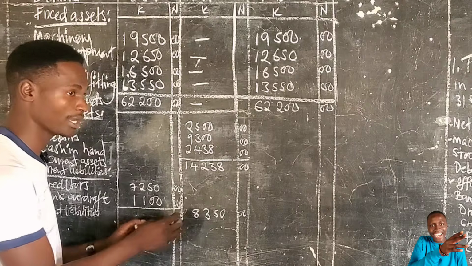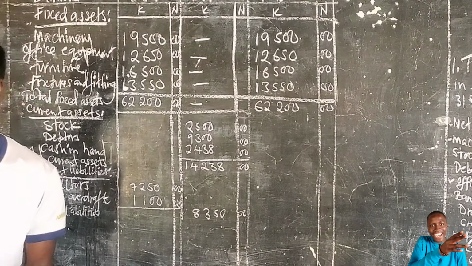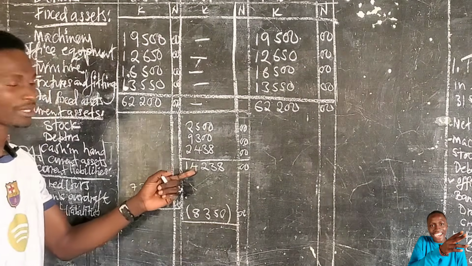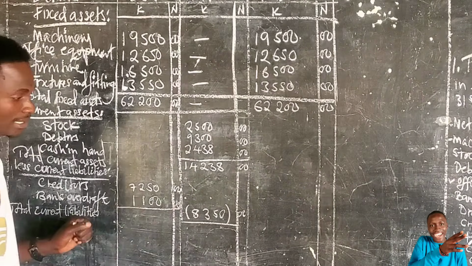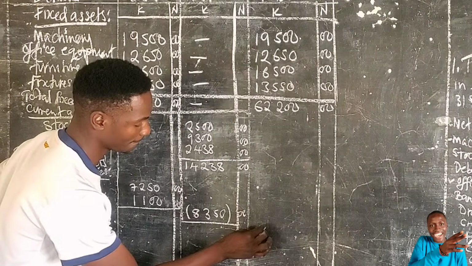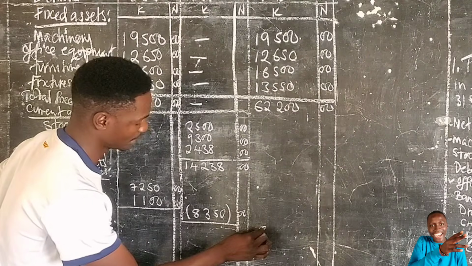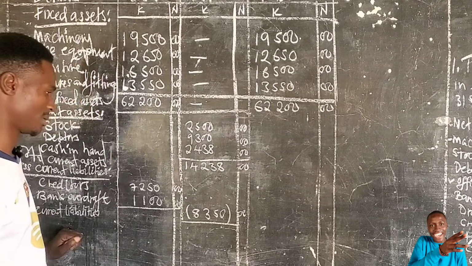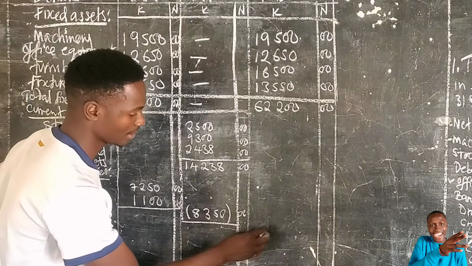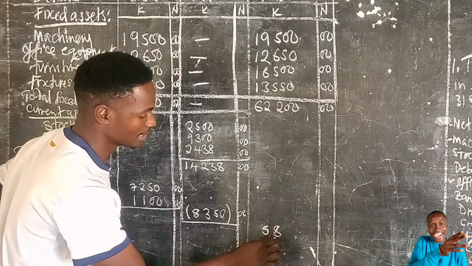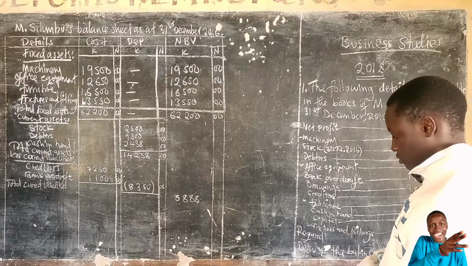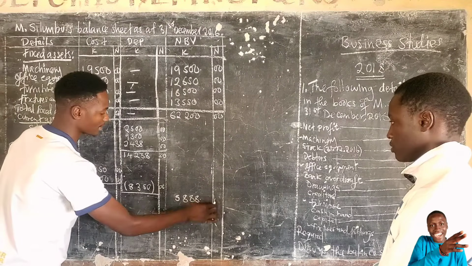Yes. Okay. So here, are we subtracting or adding? Subtracting. So when you subtract 14,000 minus 8,000, what are we having? 5,000.